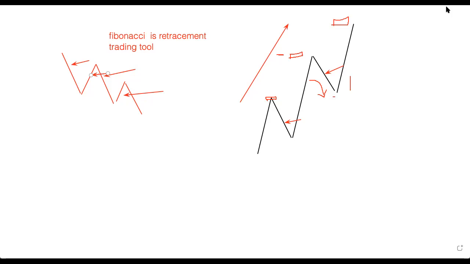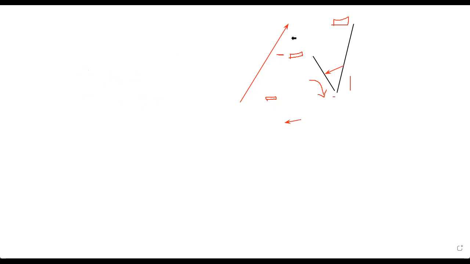Now, retracements are made of highs and lows. Let me rub here and explain what I mean. They are made of highs and lows.